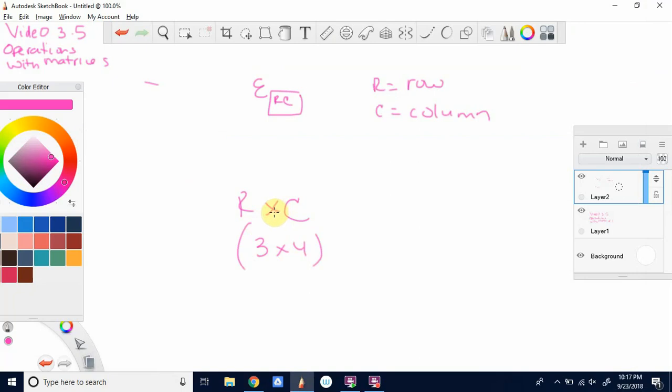It's really important that order matters. It's read M times N, where M represents the number of rows and N represents the number of columns. So it's important to know it's M times N, or R and C.